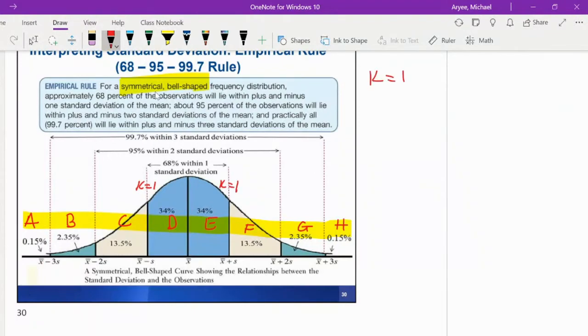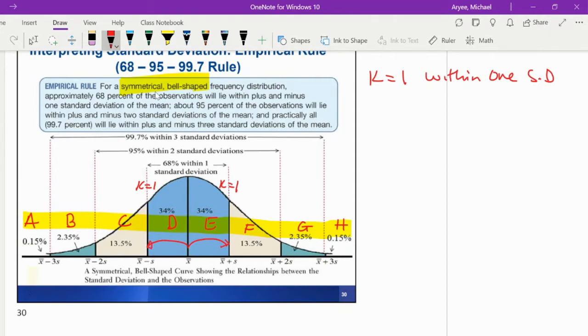So when k equals 1, it means within one standard deviation, which means that it's one standard deviation to the left of the mean, one standard deviation to the right of the mean.